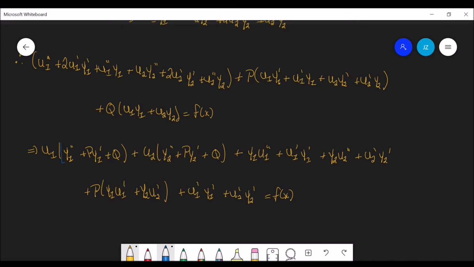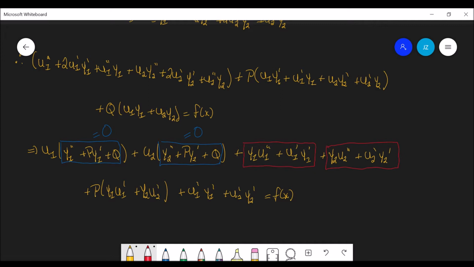Now, these two terms are both 0 because y1 and y2 are solutions to the homogeneous differential equation. This term right here, as well as this term right here, are derivatives of products.